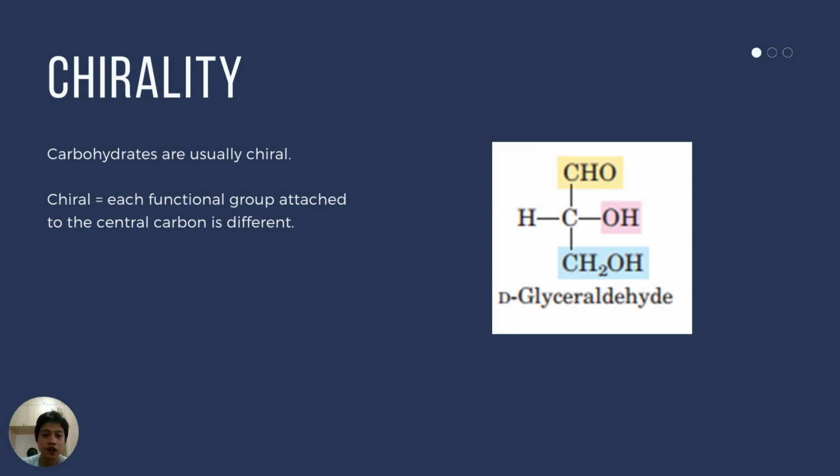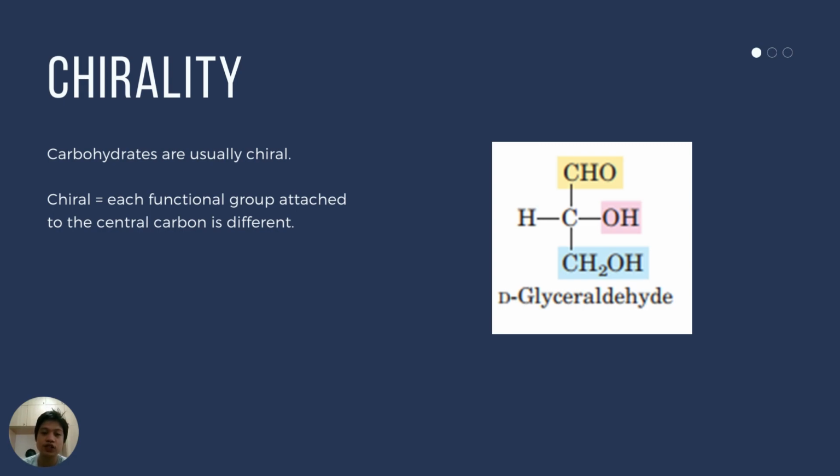So, here, carbon has a valence of 4 and therefore, it can form bonds with 4 other molecules or structures or functional groups. So, dito sa image, this is the structure of glyceraldehyde. Glyceraldehyde is a 3-carbon sugar.